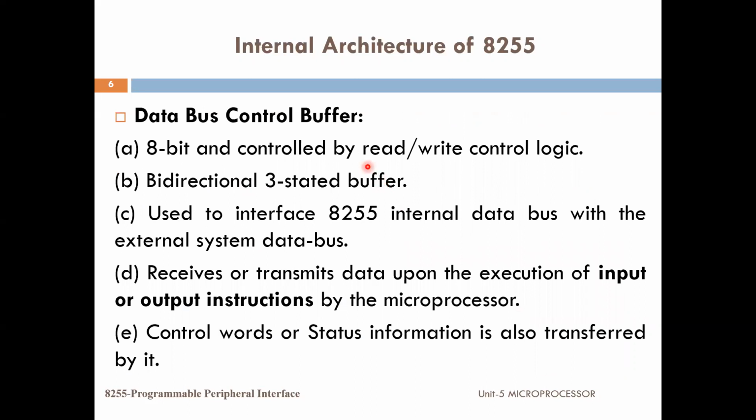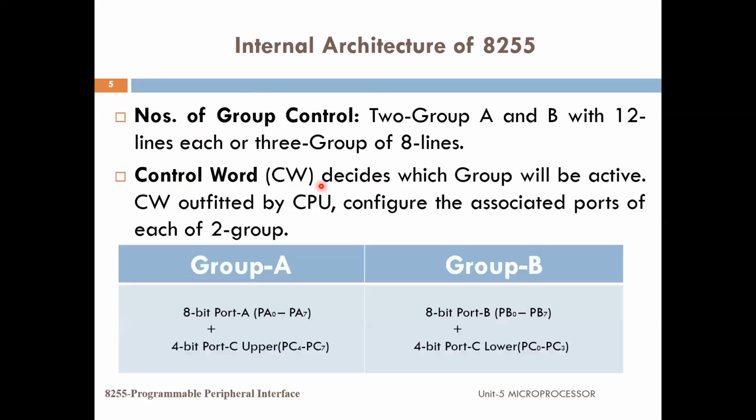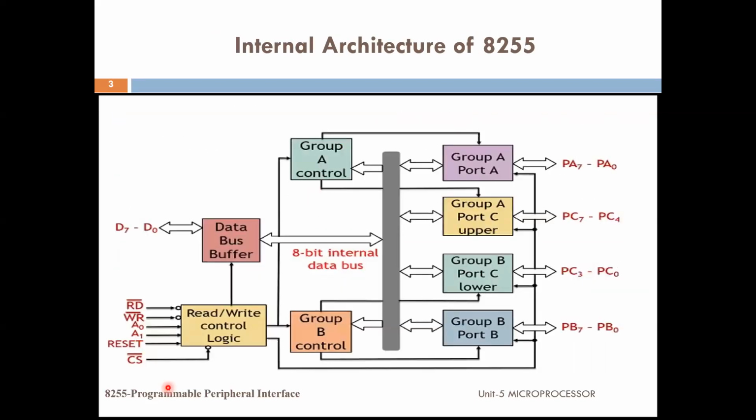Now moving on to the next part, this is another component of the 8255, that is the data bus buffer. It is an 8 bit buffer and it is controlled by the read write control logic. It is a bidirectional and tri-stated buffer. Tri-stated buffer means, as you can notice in this diagram, there is one input signal, that is the chip select.